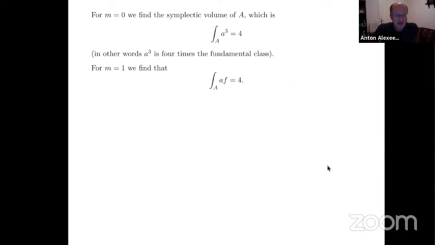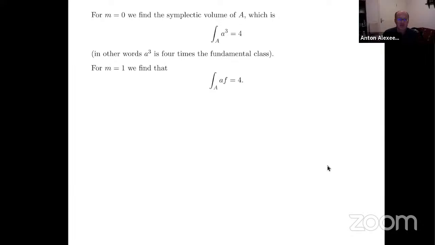I'm sorry, Lisa, I'm a little confused. You said before F was the symplectic form, right? It shouldn't be the integral of F cubed? Oh, yeah, sorry, that should be A squared. No, what's wrong here is the A cubed.